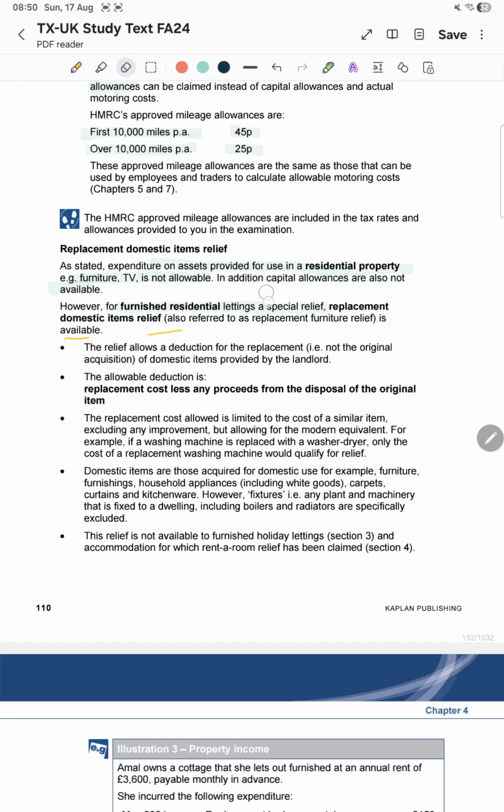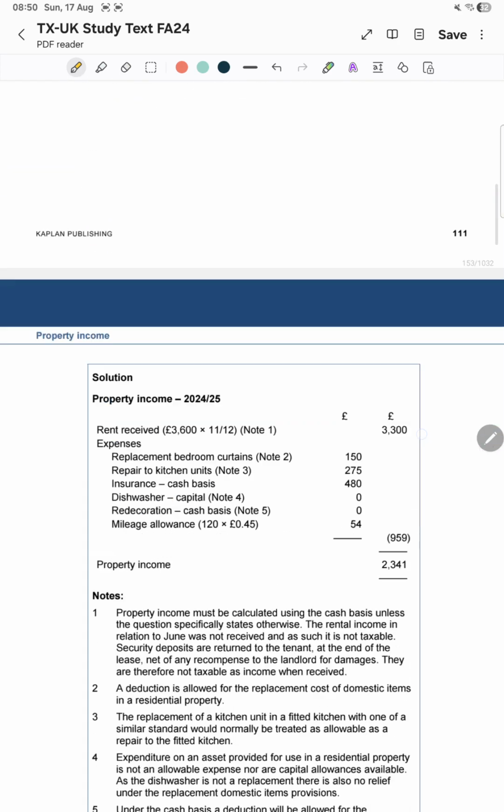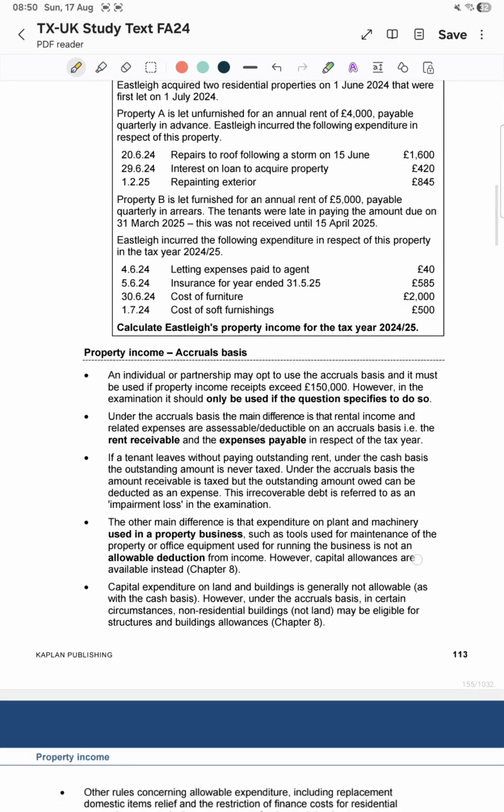This is not FHLs, furnished holiday lettings. This is just for furnished residential lettings. For FHLs, it's covered later. The relief allows a deduction for replacement of domestic items provided by the landlord. So, what is the deduction? What is the amount that has to be deducted? Replacement cost less any proceeds from the disposal of the original item. Then again, there is an illustration here which can be covered.